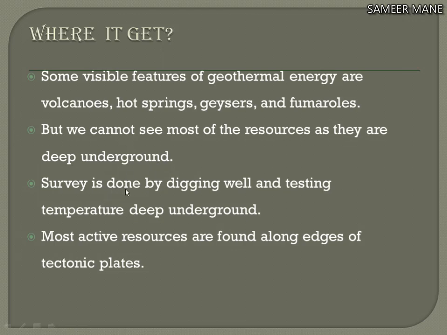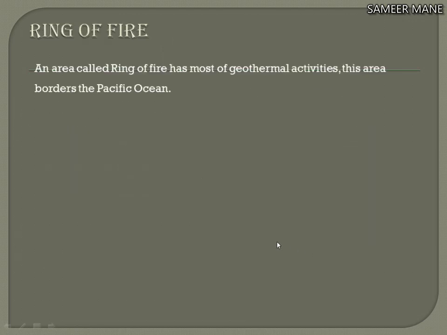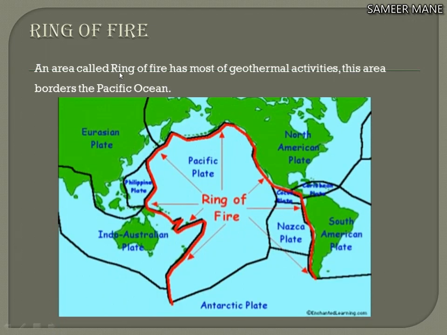Survey is done by digging wells and testing the temperature deep underground. Most active resources are found along the edges of the tectonic plates. An area called the Ring of Fire has most of the geothermal activity. This area borders the Pacific Ocean.